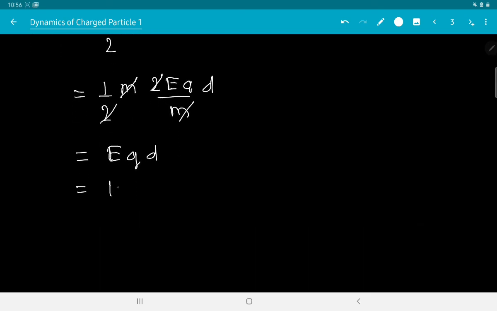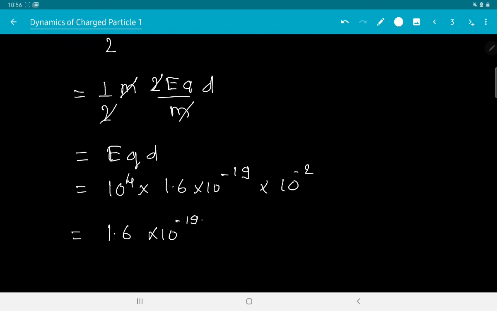So E, as we know, is 10 raised to 4. The charge of the electron is 1.6 into 10 raised to minus 19. I have not taken the negative sign because we are calculating the energy, and the energy of the particle is positive, into 10 raised to minus 2, that is 1 centimeter. So if we solve this, the powers are minus 19, plus 4 and minus 2.